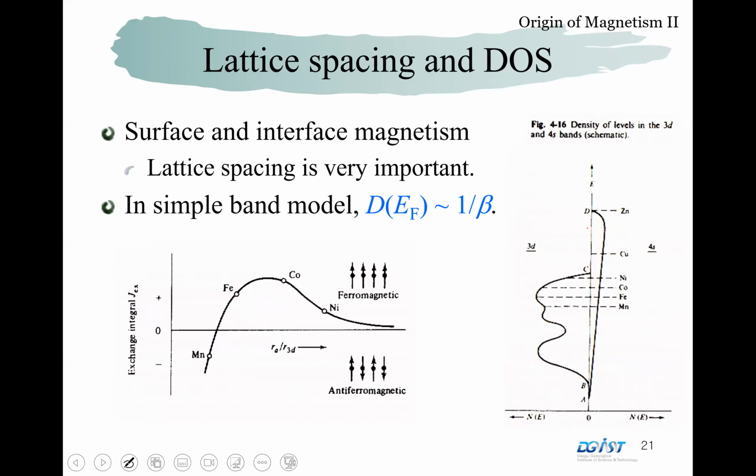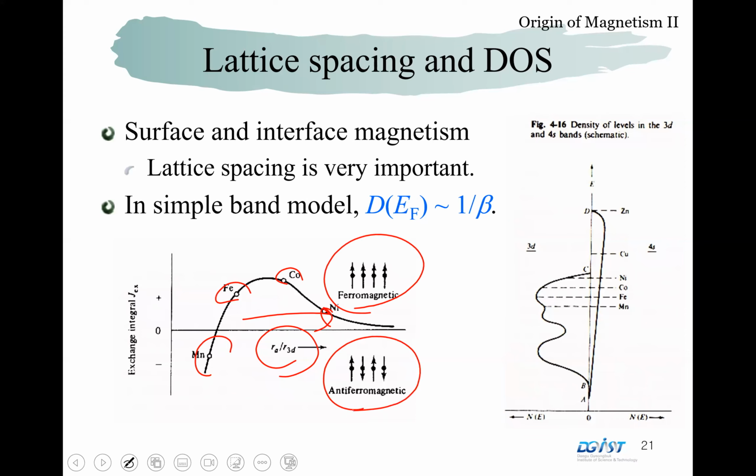So one more important thing depends on the lattice parameter. If you look at the lattice parameter from manganese, iron, cobalt, nickel, there's some increase of the lattice parameter. They form ferromagnetism, but when the distance is reduced, we get antiferromagnetism, because the sign of the exchange coupling is changed; it is very sensitive to the distance of the lattice parameter.